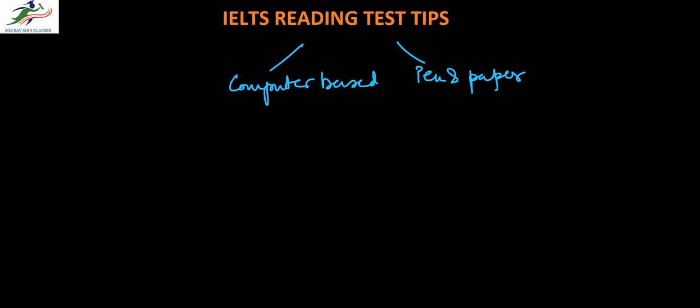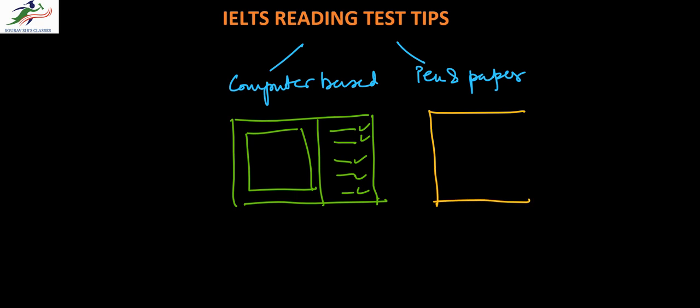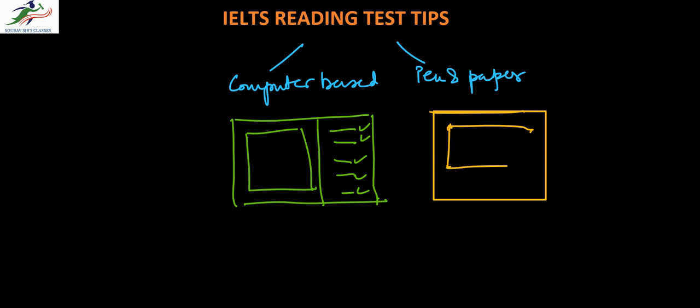Now, when you're taking a computer-based test, you will typically have the entire passage coming up on your screen with the questions on the side, and the screen is large enough so that you can see the entire passage along with the questions. Whereas in the pen and paper test, typically you will have the passage followed by the questions.